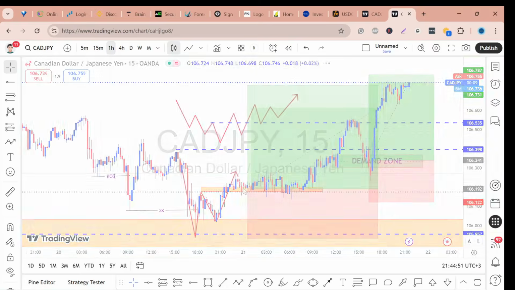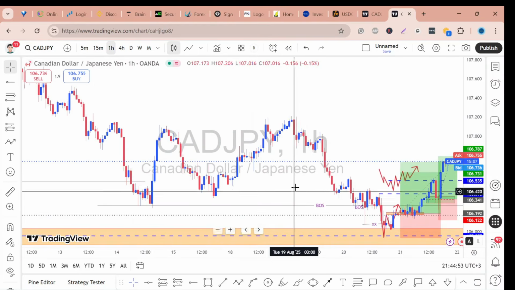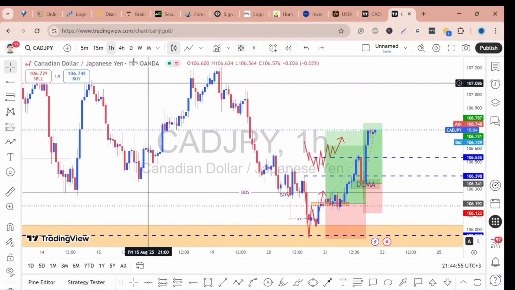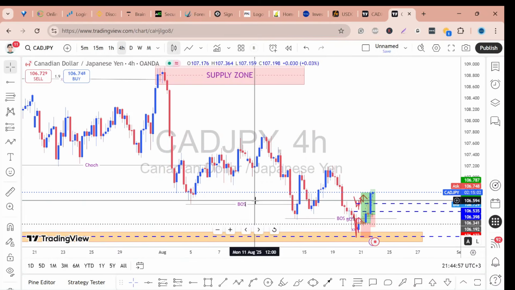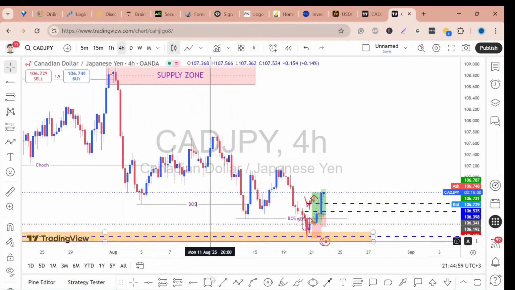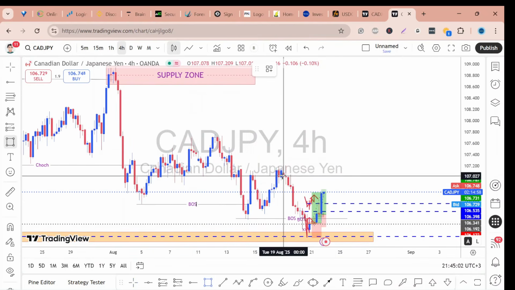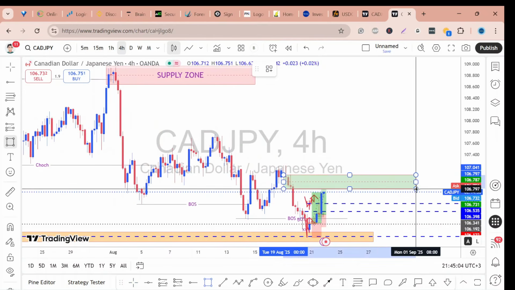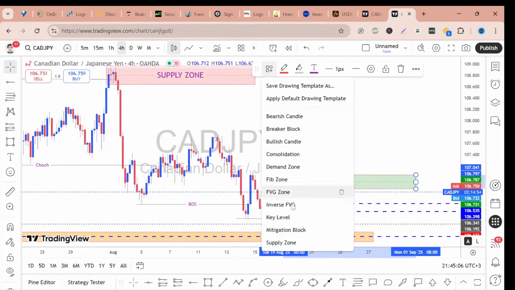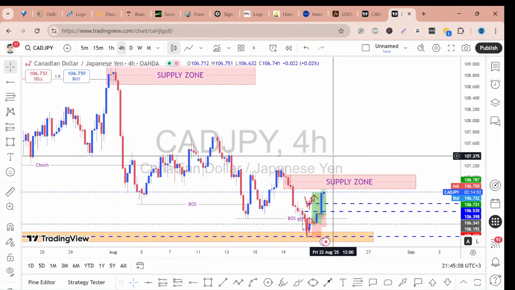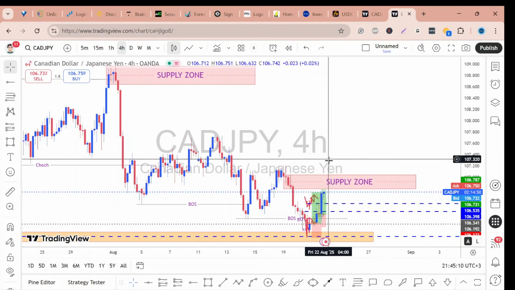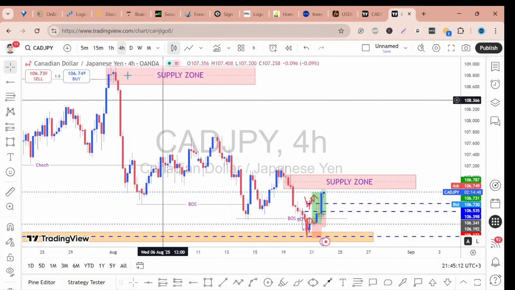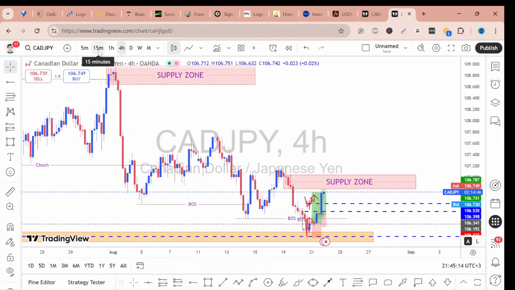Of course, as the market is pulling back, you cannot ride it very far, because at any given time the market might continue with the bearish trend from this order block that we have on this level. So that is why we are taking it as a counter trend, and it's a very short move.